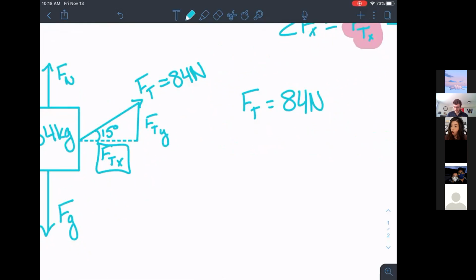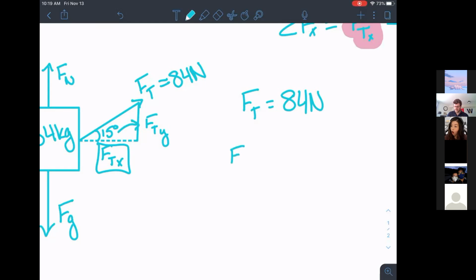How are we going to find our FT in the x direction? SOHCAHTOA. What trig function are we going to use? Sine of 15. If we're using SOHCAHTOA, is it opposite or adjacent over hypotenuse? Opposite over hypotenuse.